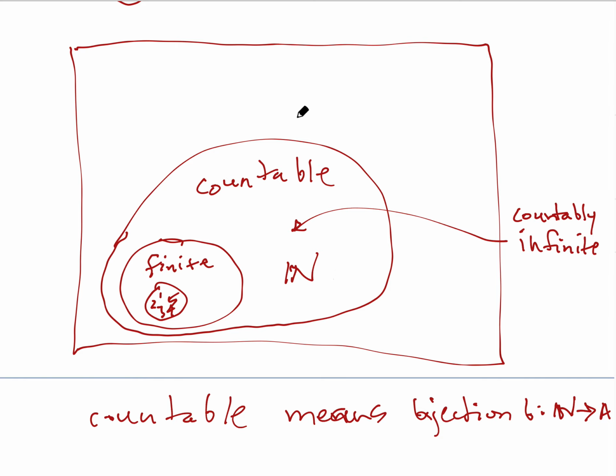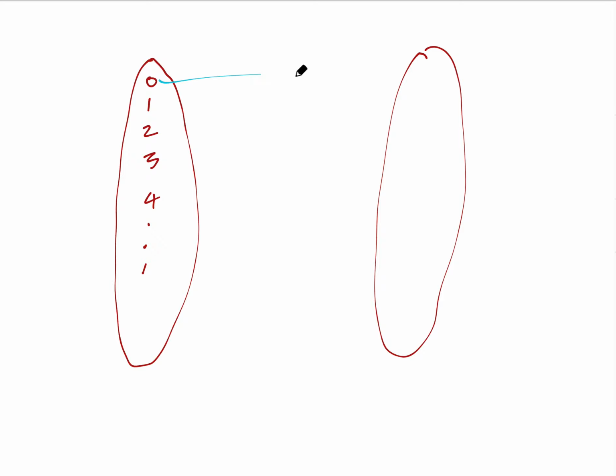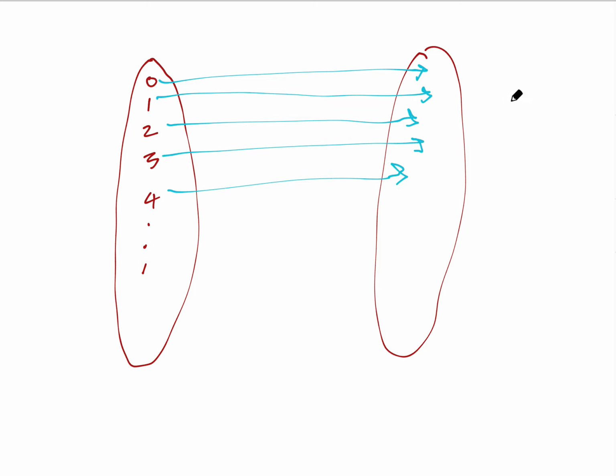So here's the important question: is there some set out here which is not countable, which we call uncountable? What that means is, if it's an uncountable set, and I start off with the natural numbers like this, and I have this set that's not countable, if I do a one-to-one mapping like this, no matter how I do it, there's going to be parts that never get mapped to.